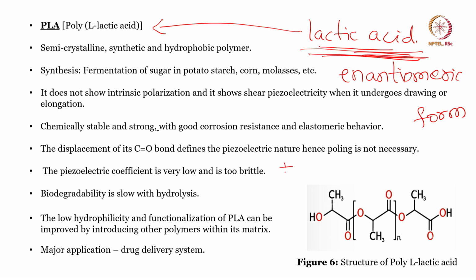One is called plus lactic acid or D-lactic acid, another is called L-lactic acid, and the last one is the racemic mixture, that is DL lactic acid. Polylactic acid is available in all 3 forms, and the majorly used one in biomedicine is poly L lactic acid, the L form of the material.